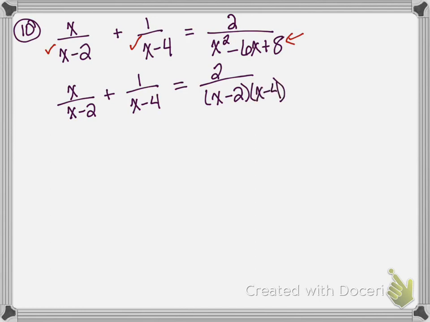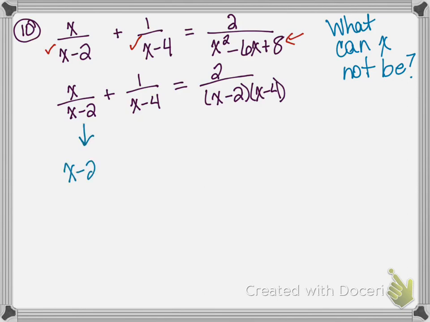Okay, so that factors. So now I want us to identify what x can not be. What can x not be? You're absolutely correct. Positive 2 and positive 4. And we got that because we took this x minus 2 and we said x minus 2 cannot equal 0, and then we solved.